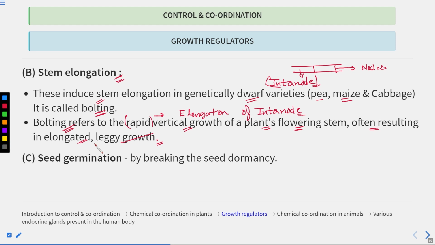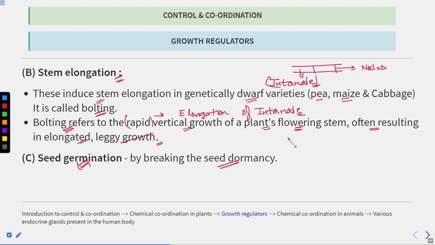The next is seed germination. These gibberellins induce seed germination. How do they induce seed germination? By breaking the seed dormancy. So this is also a very important function of the gibberellins. They are used for the induction of seed germination. And how?